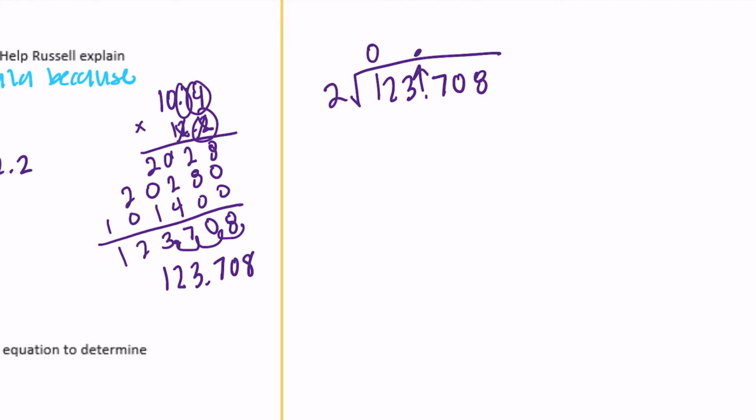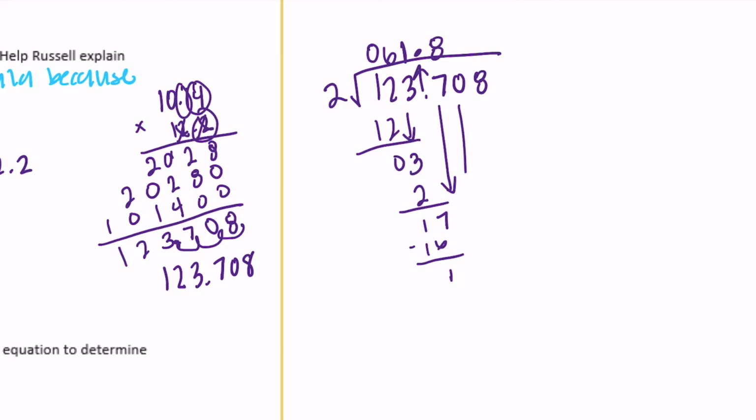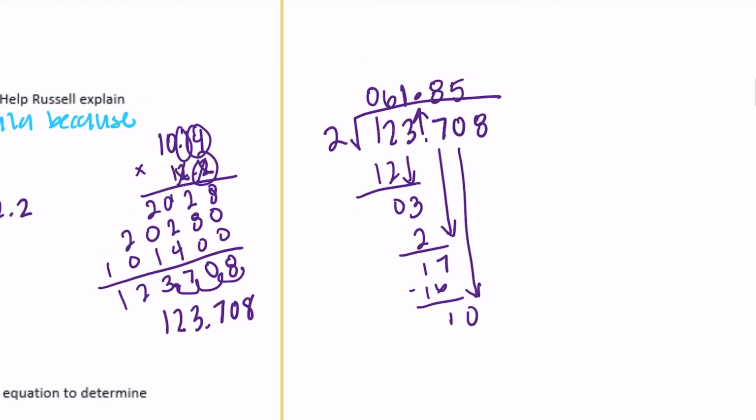2 can't go into 1, but it goes into 12 6 times. 2 goes into 3 1 time. Bring down the 7. 2 goes into 17 8 times. 2 goes into 10 5 times.